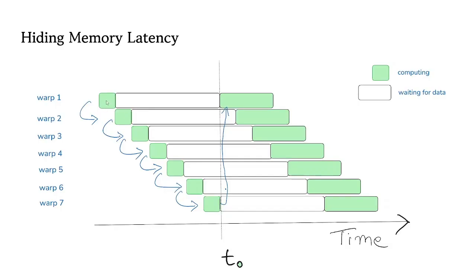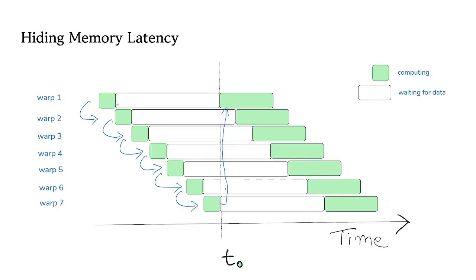Looking at a particular warp, it's a combination of some parts which do computation, a sequence of instructions which do compute. Then there's an instruction which requests a memory access. And because memory access has such a high latency, and GPUs don't have complicated caches to minimize this latency, it takes a long time for the data to arrive. And then the computation happens at the warp.